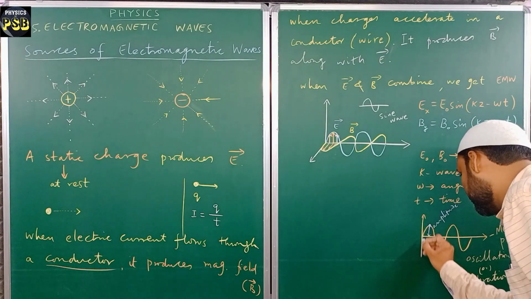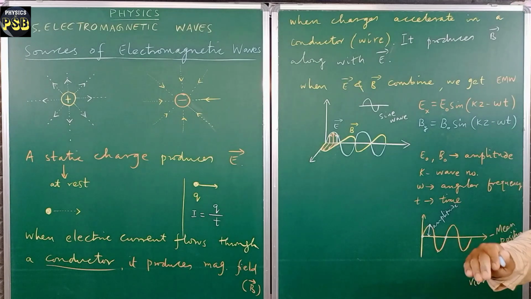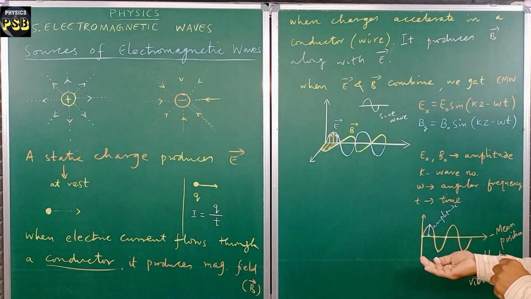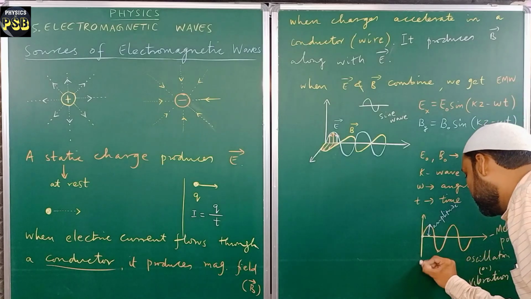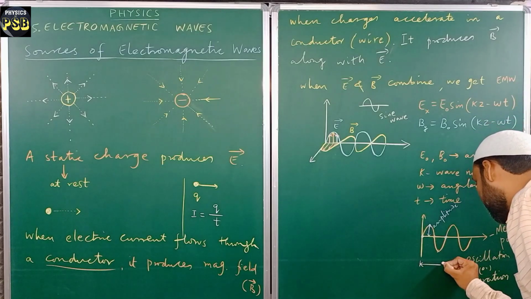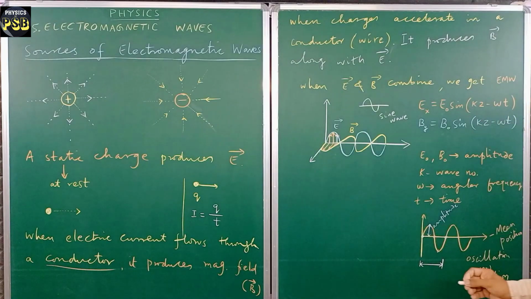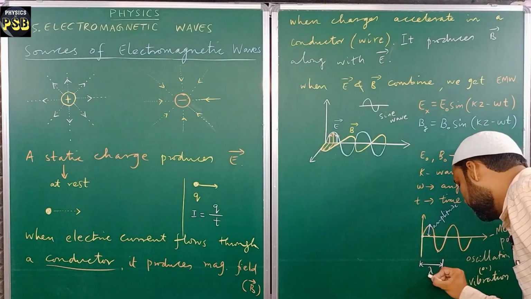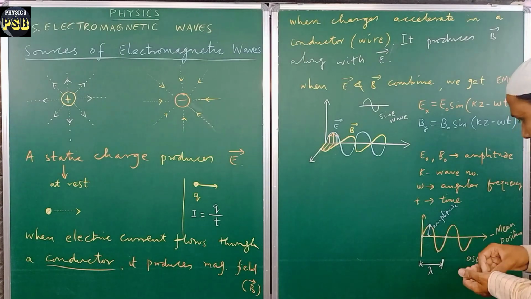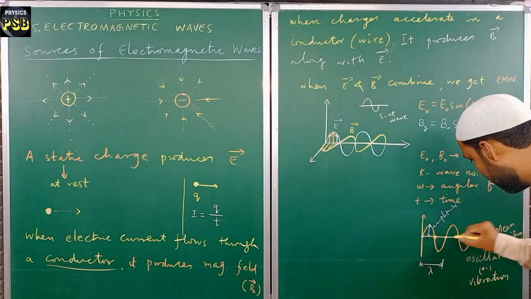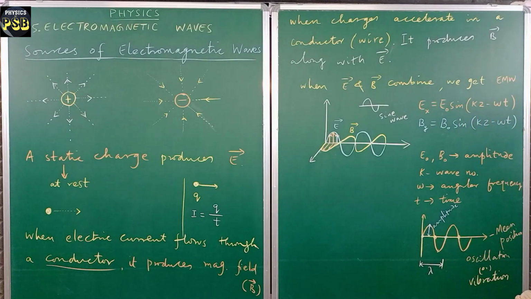I take these two as consecutive points which are of the same type and placed one beside the other. Distance between the two is taken as wavelength. You can take any two consecutive points, these two or these two. The distance between these two points is referred to as wavelength.